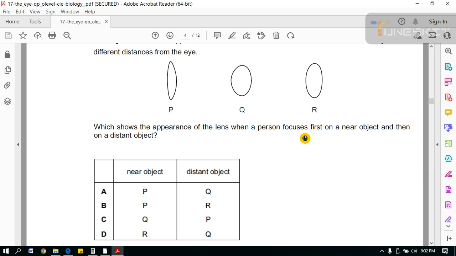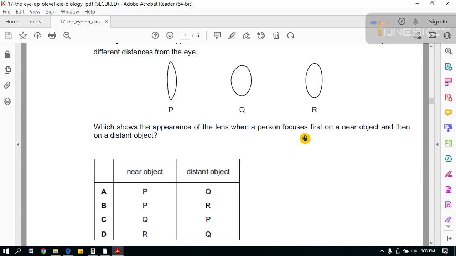On a distant object, if we observe the diagrams, the diagram labeled P is correct. Now come towards the options. In the options, option C is correct, that is QP.